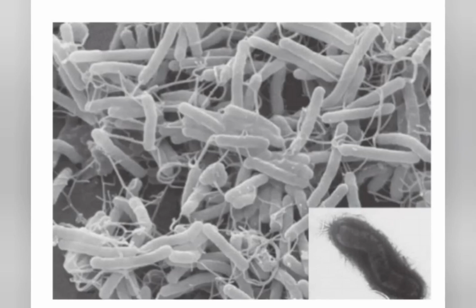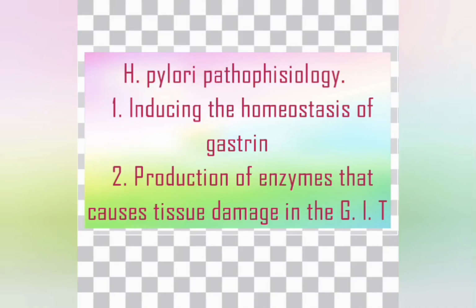Helicobacter pylori is a gram-negative bacteria which accounts for about 80 to 85% of peptic ulcers in patients. It has been found to cause peptic ulcer through a series of activities, such as altering the homeostasis of gastrin, which is the main hormone involved in the stimulation of gastric acid secretion.